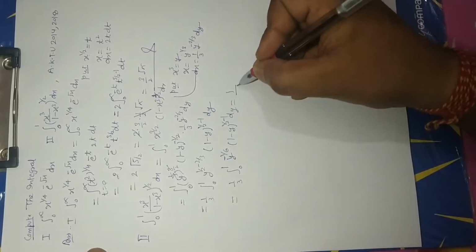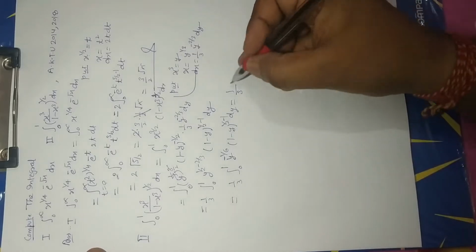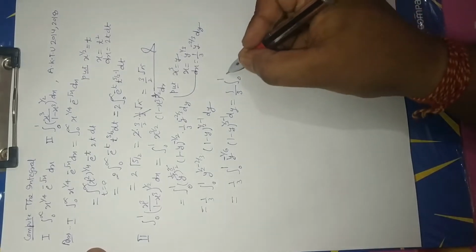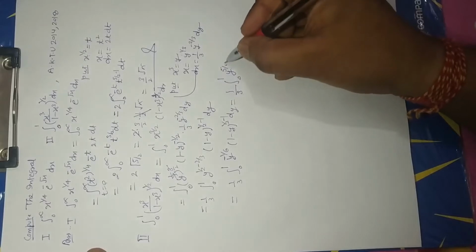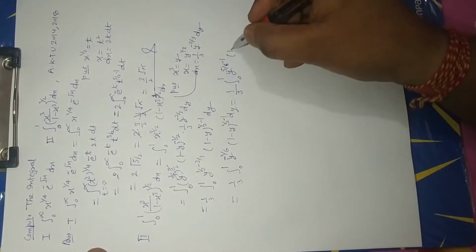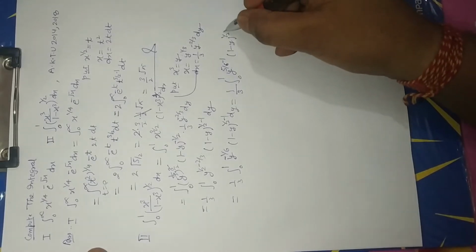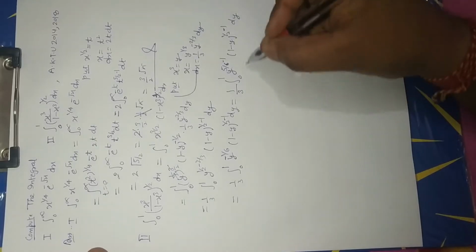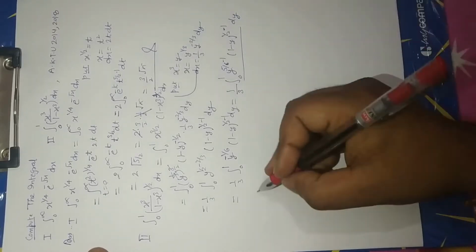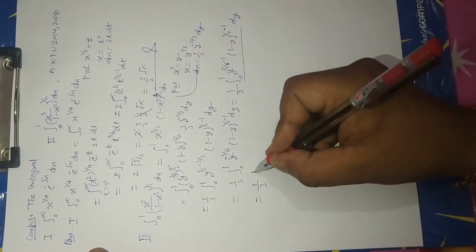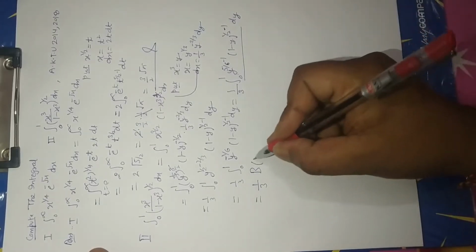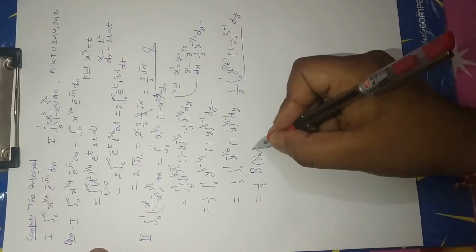Now 1 upon 3 integral limit 0 to 1 y to the power 5 by 6 minus 1, (1 minus y) whole power 1 upon 2 minus 1 dy. Now by the definition of beta function, this is equal to 1 upon 3 beta 5 by 6 comma 1 by 2.